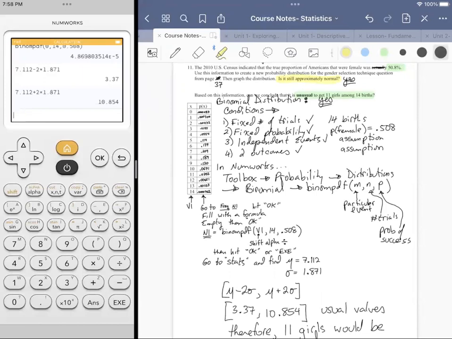It comes down to these conditions: fixed number of trials, fixed probability, independent events, and 2 outcomes. When you look at a particular scenario, those are the things that you're looking for. If you've satisfied all those conditions, then you're dealing with a binomial distribution, and this would be the approach that you use.